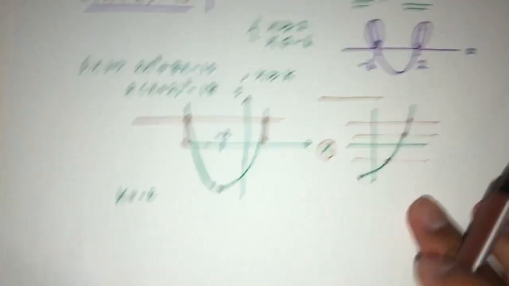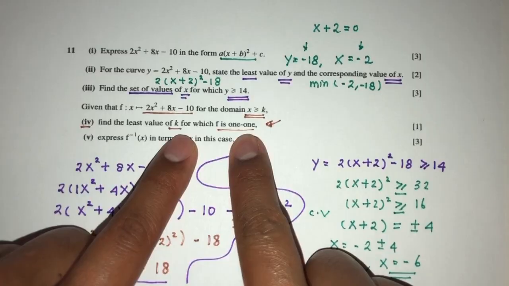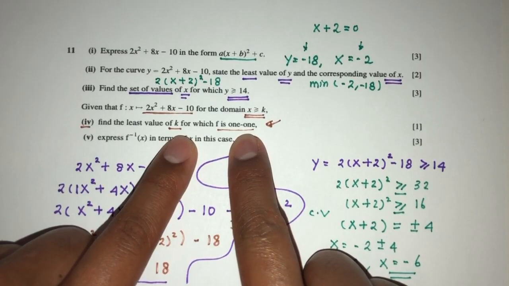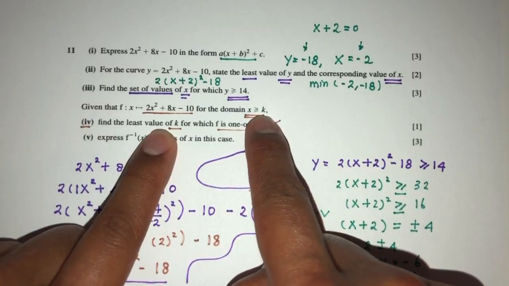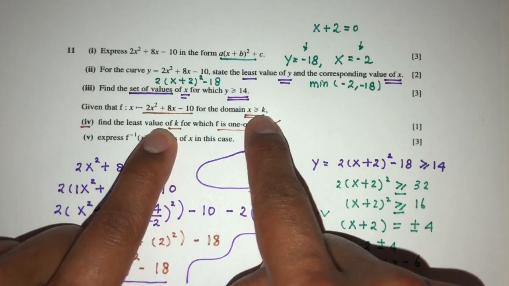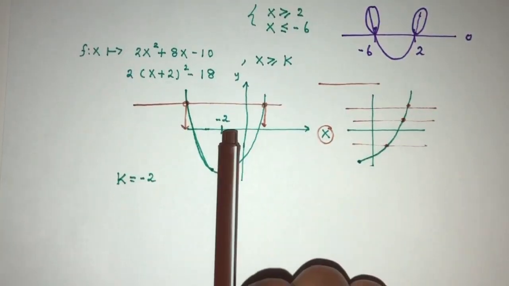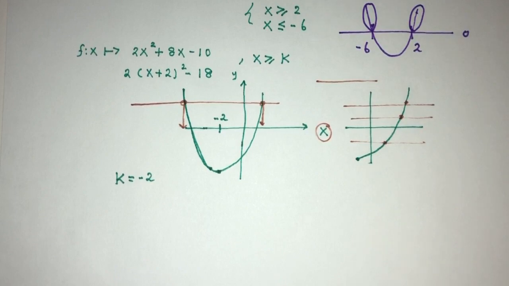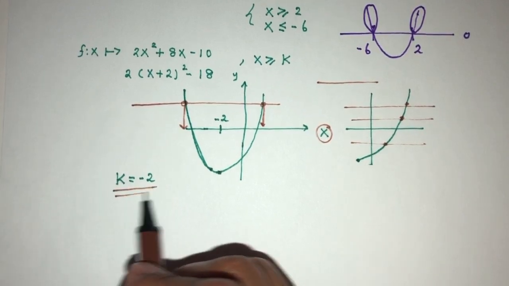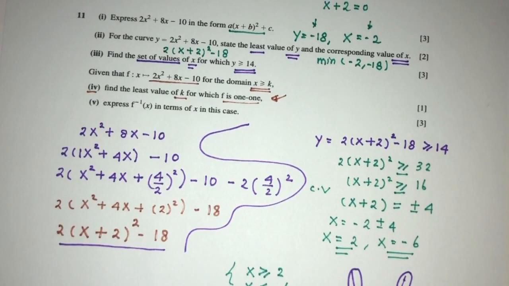So again, whenever we have to deal with this kind of question, we have to think about the stationary point. Now again, k is the values of x. The least value of k, or the minimum value of k, as we saw here, has to begin at least from this point, which is the value of minus 2, for that to be possible. Okay, so that will be my answer for part 4. It is only 1 mark, not that difficult.